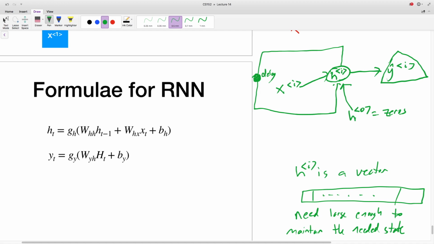Yeah. This is the output of the activation function. Well, we have three different activation functions running here, right? There's an activation function from x_i to h. There's an activation function that goes from h to y. And there's an activation function that goes from h at i to h at i plus 1. Okay? Three weight matrices, three biases, three activation functions, potentially.